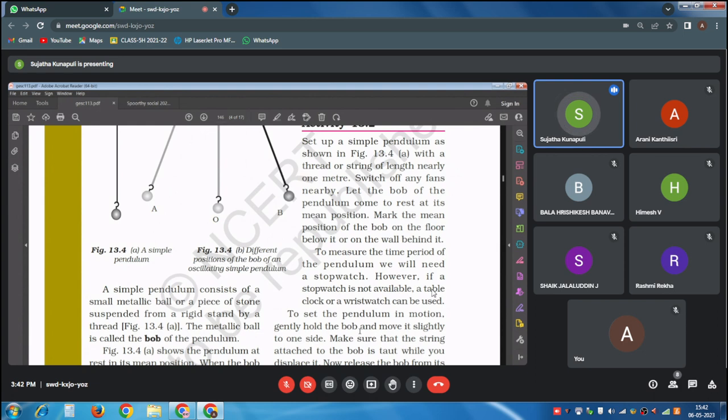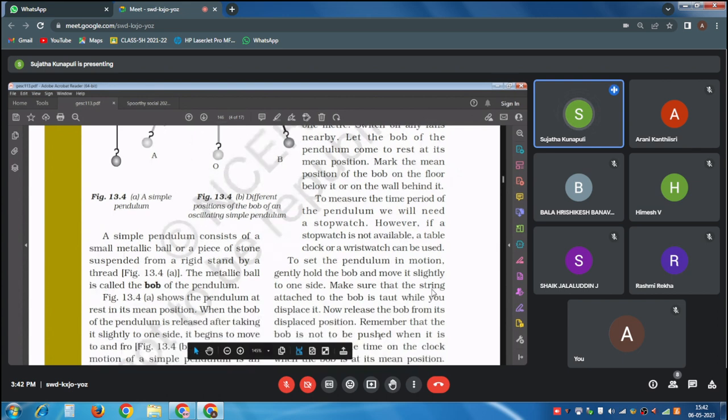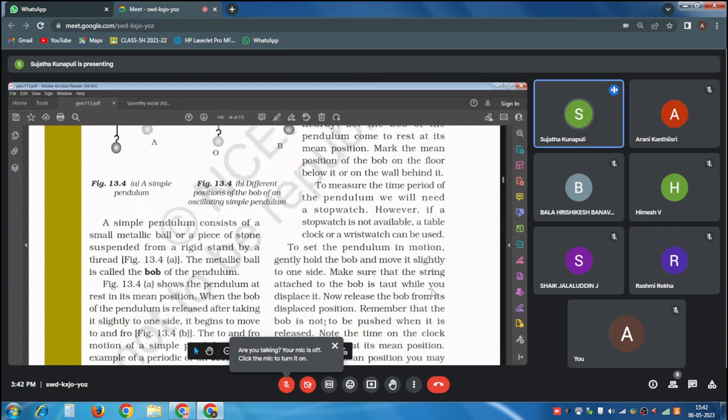To set the pendulum in motion, gently hold the bob and move it slightly to one side. Make sure that the string attached to the bob is taut while you displace it. Now release the bob from its displaced position.